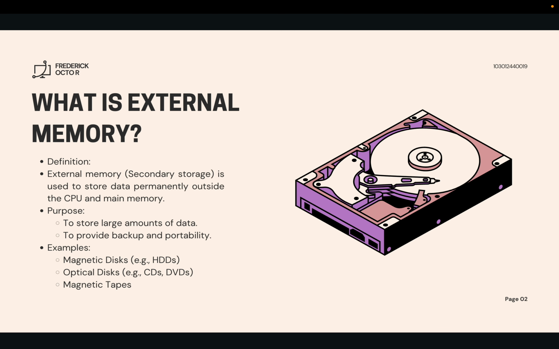As we move down the hierarchy from registers and cache to external memory, the cost per bit decreases, capacity increases, and access time becomes slower. External memory is accessed less frequently than primary memory, but plays a vital role in storing large amounts of data.